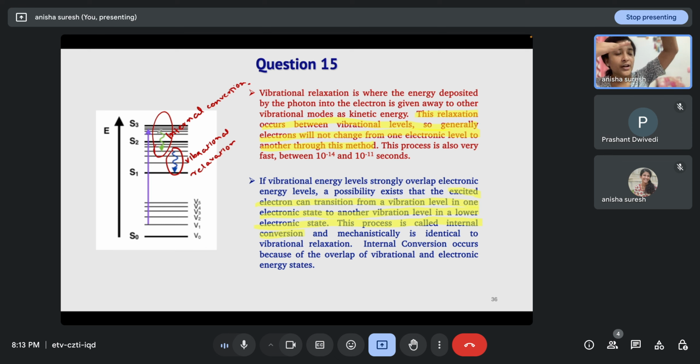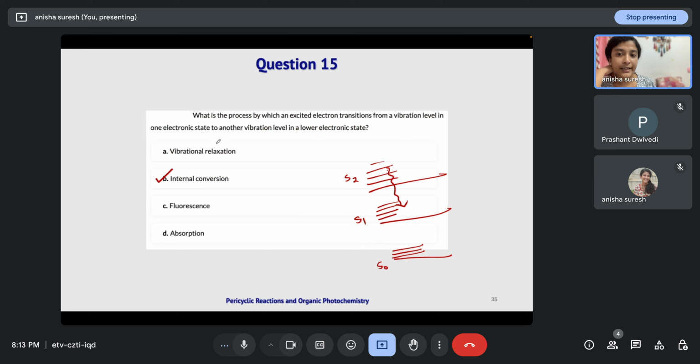When we go to higher excited states, they come closer to each other. That is why internal conversion takes place between a vibrational level in one electronic state and another vibrational level of a lower electronic state. So it is clear why internal conversion is the answer.